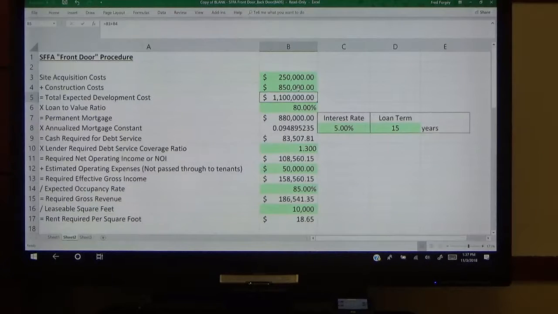Now this is the kind of stuff that architects as a general rule hate, because they're saying, how dare you put a price tag on what I'm designing, and a water feature would be one of those things. But I think it's really fundamentally important that you understand that trade-off. We're looking at it purely from the financial point of view. Design folks look at it through a very different lens.